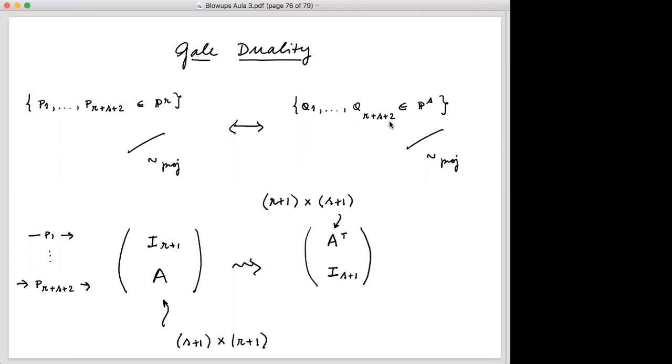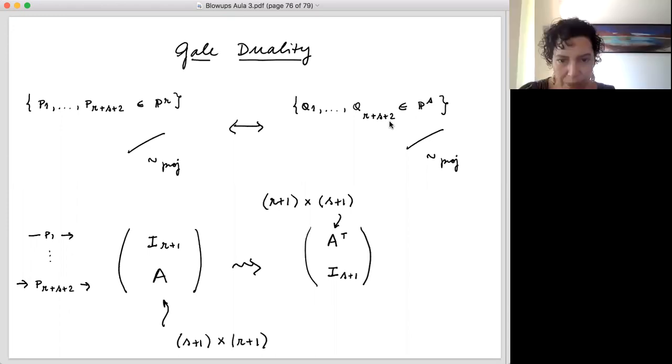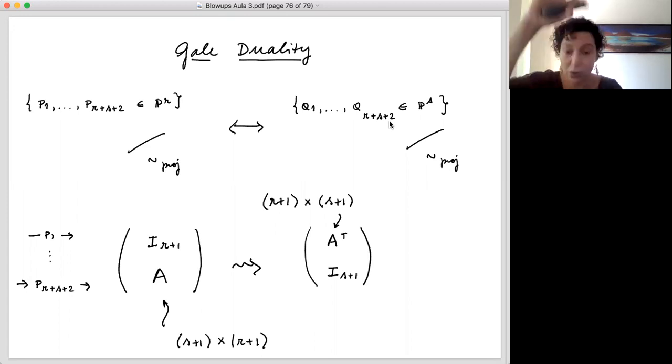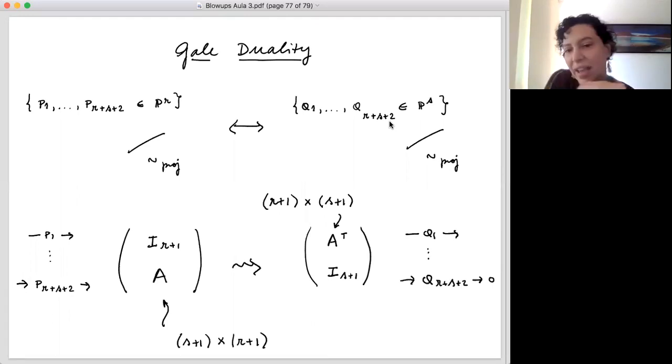And so in this way, I construct this big matrix, and again, I look at the row vectors, and this gives me the projective coordinates of r+s+2 points in the projective space PS.